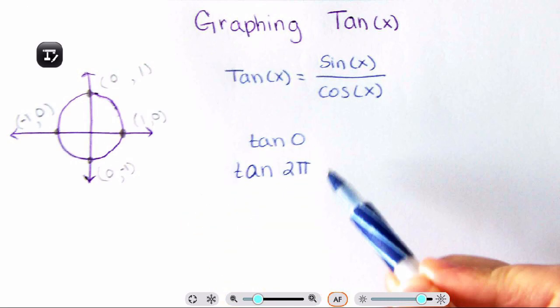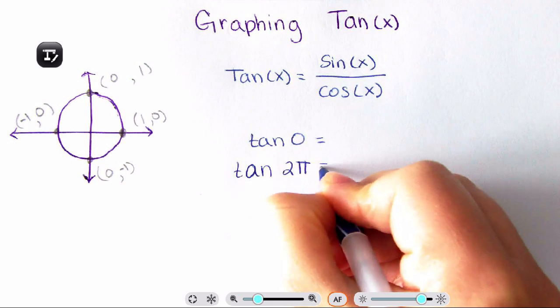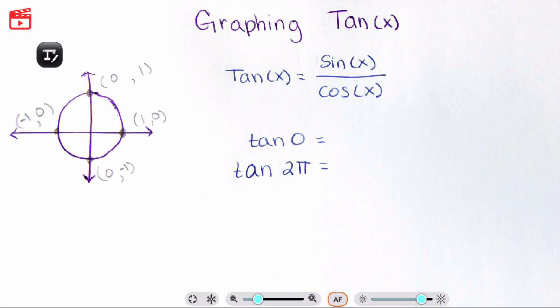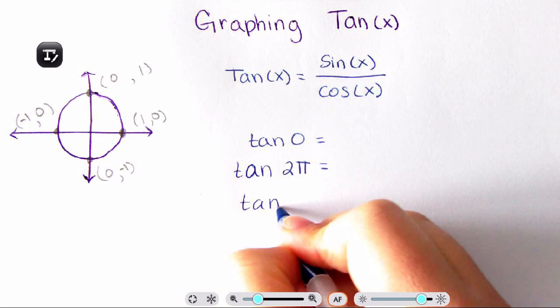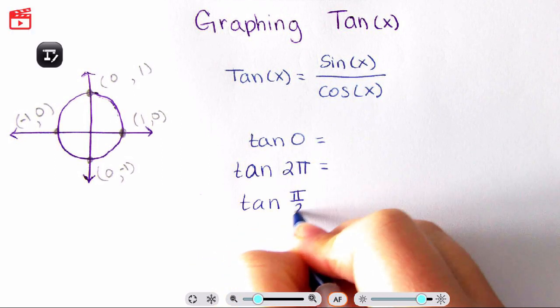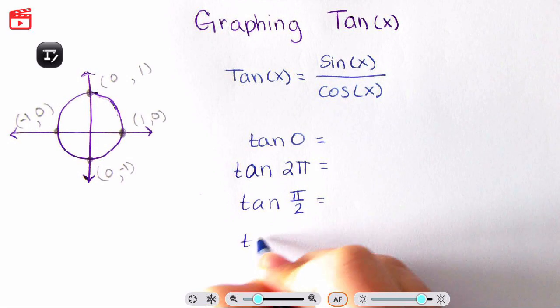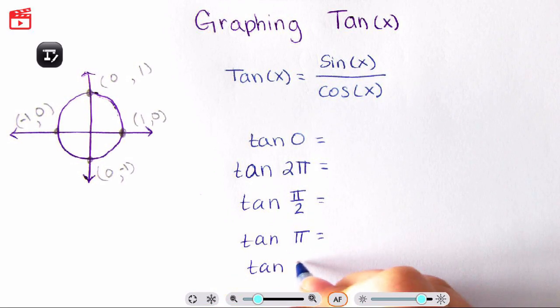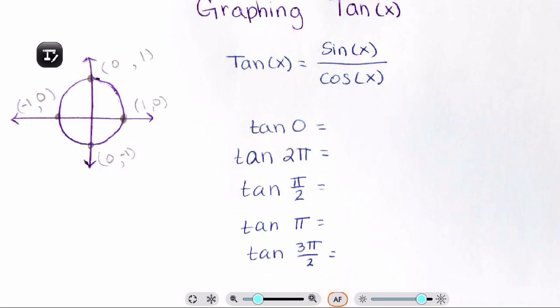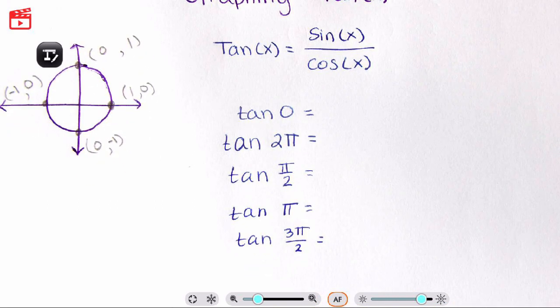These two are the same, so that's why I say technically 4, but technically 5. After that, we need to know what tangent of pi halves is, tangent of pi, and tangent of 3 pi halves. Again, sine over cosine.